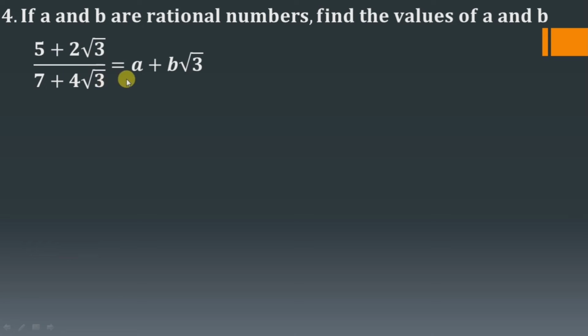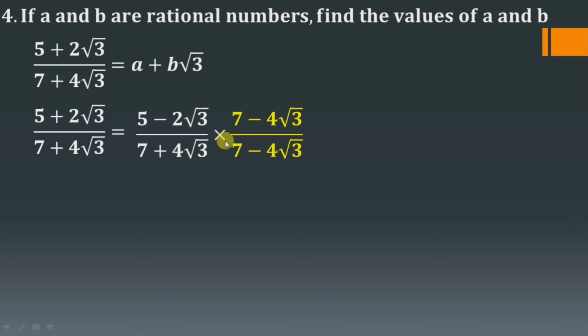So to find the value of a and b, we will rationalize the denominators of the left hand side. That is, I am going to rationalize (5 plus 2 root 3) divided by (7 plus 4 root 3) by multiplying both numerator and denominator by 7 minus 4 root 3. Instead of plus, I write minus 4 root 3.